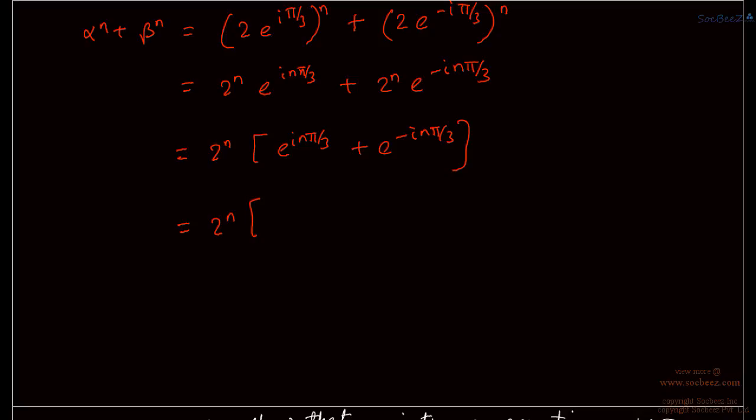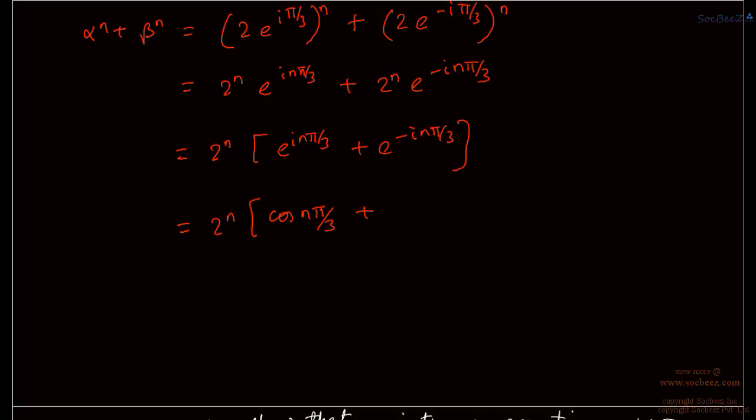Now what is e power I n pi by 3? You can directly simplify this, because this is just the conjugate. A complex number plus its conjugate gives us twice the real part. But I'll just expand it to actually show that.